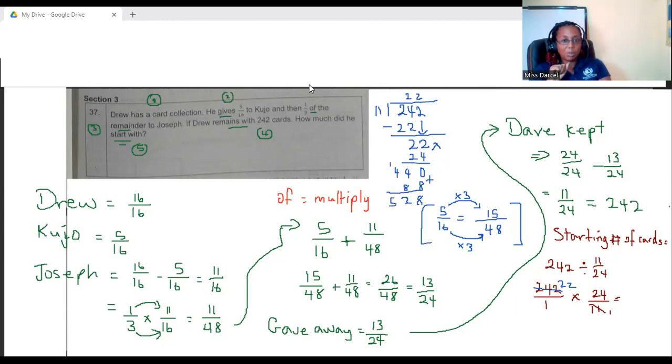So our grand total number of cards is 528 cards.